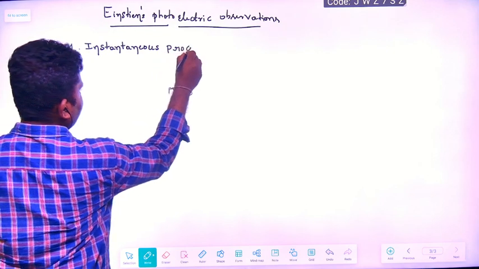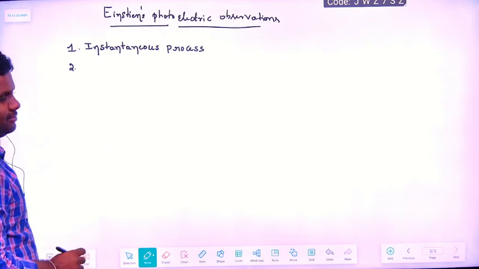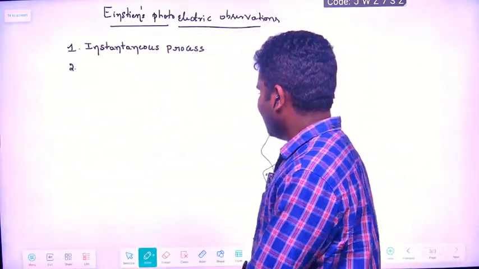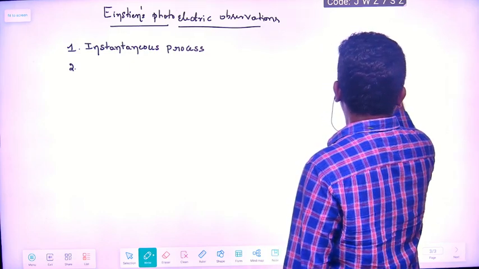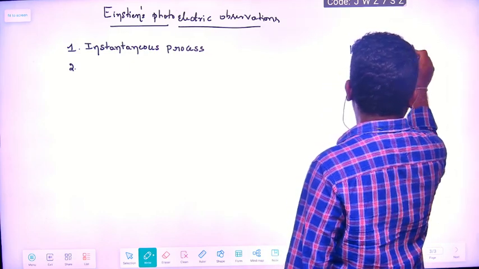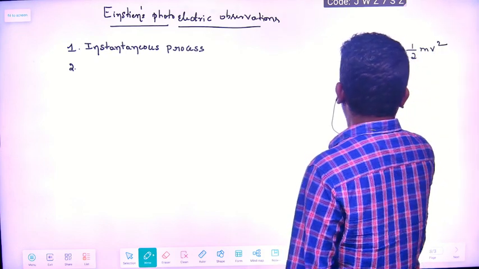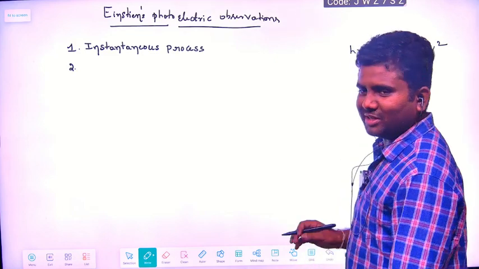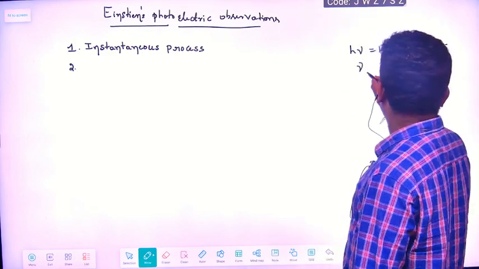Second one. Einstein said h mu is equal to h mu naught plus half mv square, correct? Now h you can remove, since h is everywhere.